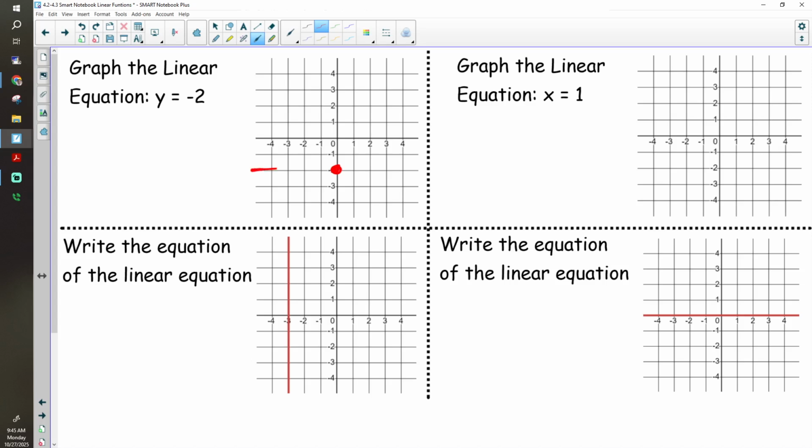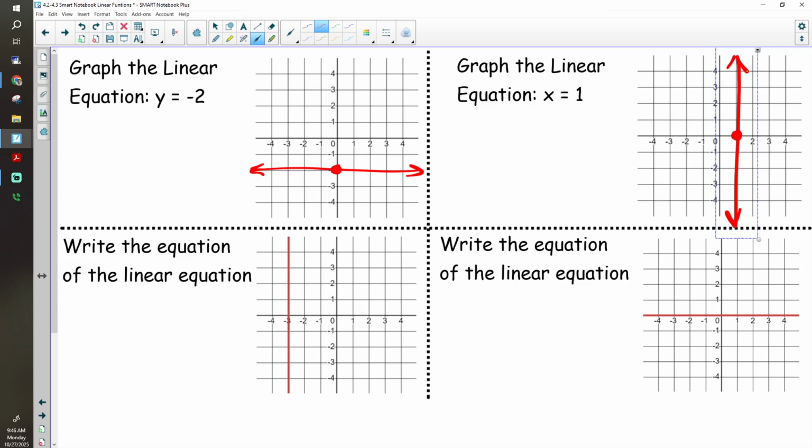So I draw a flat line. My second equation is x equals 1. So where will I plot 1? On the x or the y? On the x. I'm going to plot a point on 1, x. Is x equals a vertical or a flat? Vertical. So I draw a vertical line. That's it.